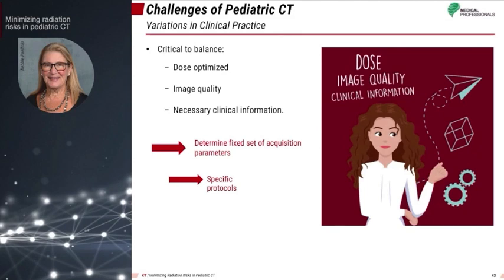This emphasizes the need for technologists and other members of the healthcare team and leadership to determine a fixed set of acquisition parameters and protocols for children that are applicable to the variety of scanner models in the department that will maintain the image quality necessary to answer clinical questions. Technologists must then adhere to them as well as to ALARA principles.